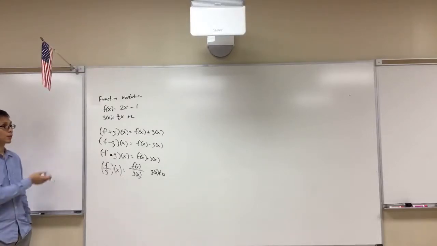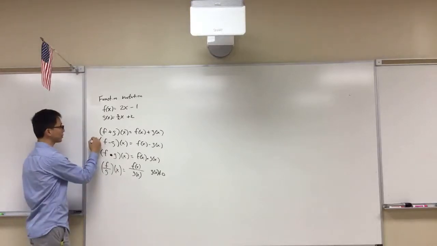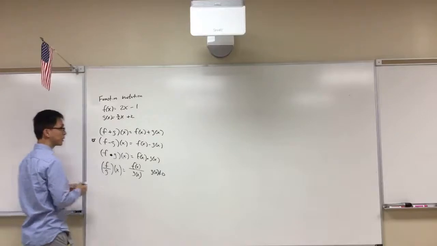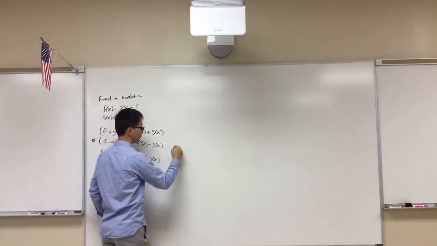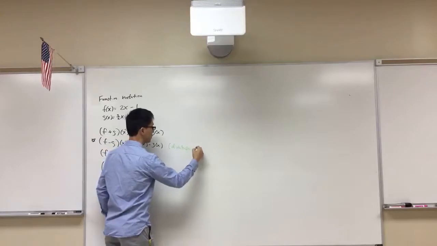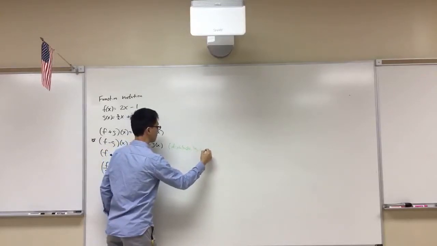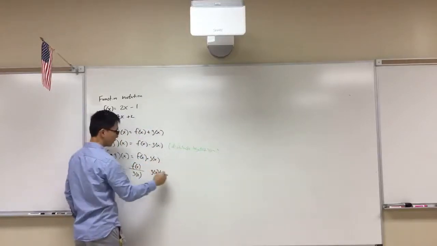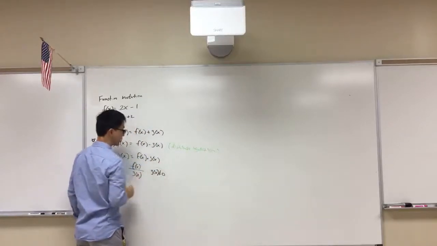Okay? Now this is just a normal function. What people are going to make mistakes on is this one: they forget to distribute the negative sign. So make sure you distribute negative signs. And on this one, they forget to mention that g of x cannot equal 0.